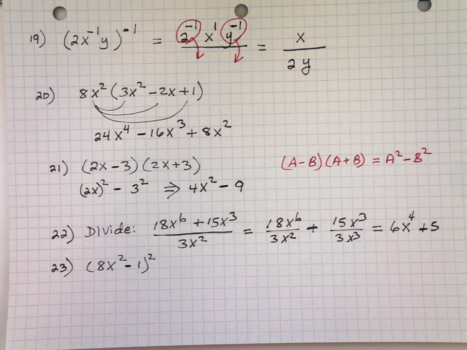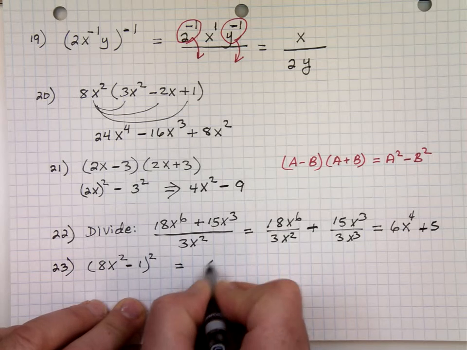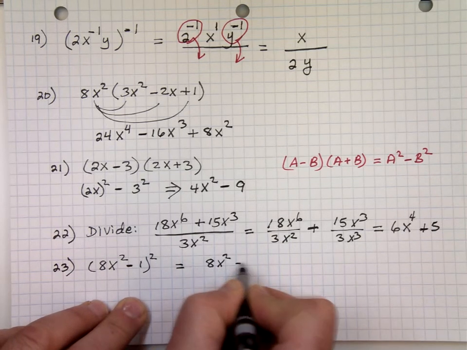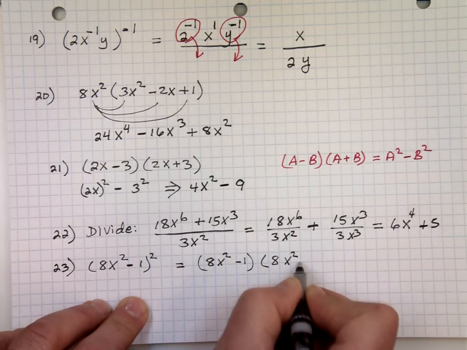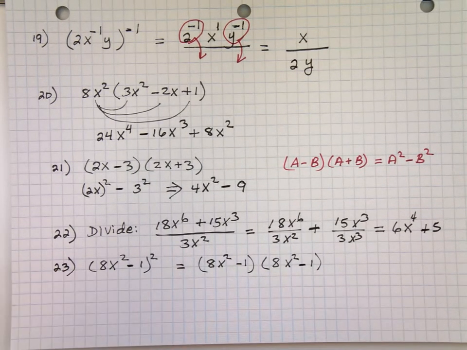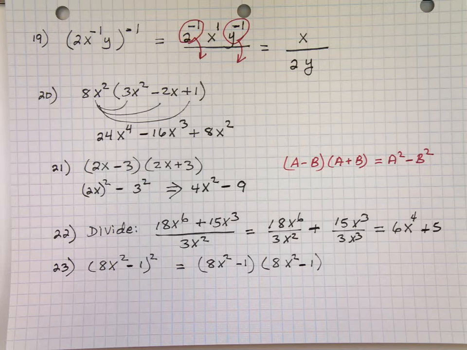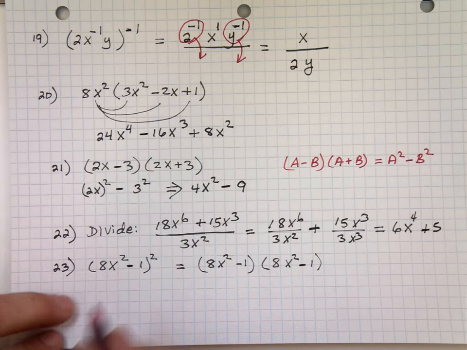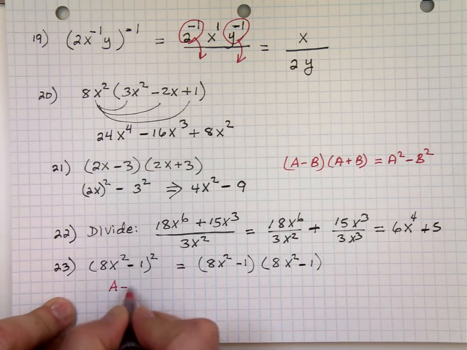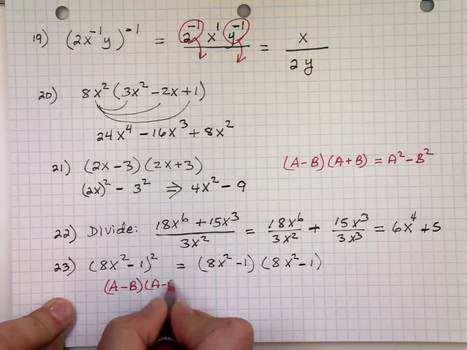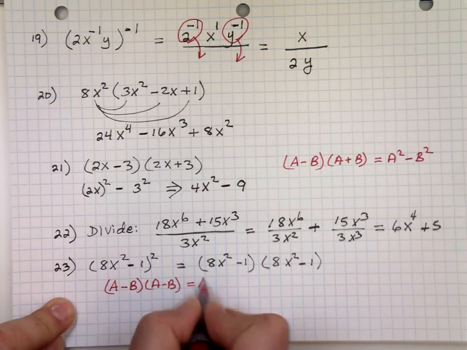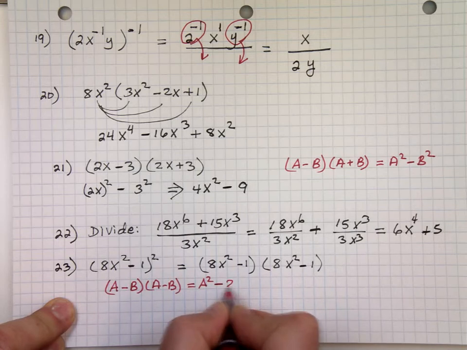This one actually means multiply it by itself. Now, I can use the FOIL method again here, or I can use the shortcut. The shortcut says if you have a minus b times a minus b, that's equal to a squared minus 2ab plus b squared.